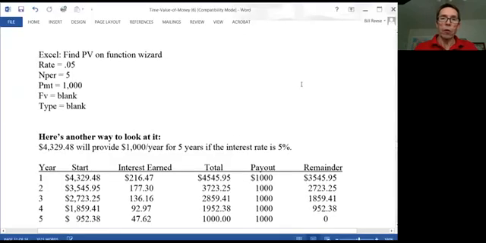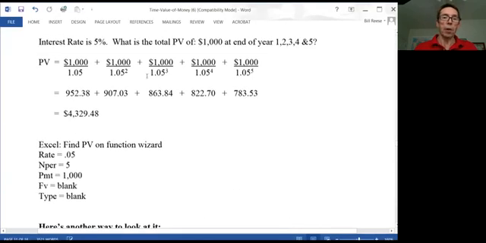Okay, so the long way of doing this is right up here. So we see here's the first $1,000 divided by 1.05 to the first power. And of course, we don't need to put the number 1 up there for the first power. Plus 1,000 divided by 1.05 squared, plus 1,000 divided by 1.05 cubed, plus 1,000 divided by 1.05 to the 4th, plus 1,000 divided by 1.05 to the 5th.